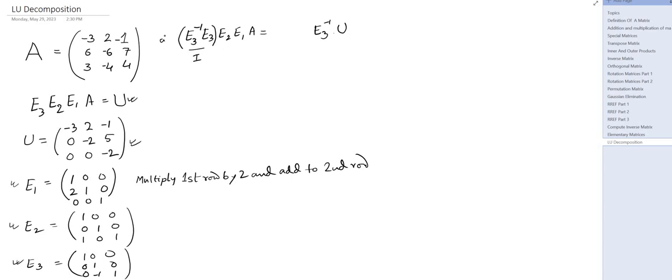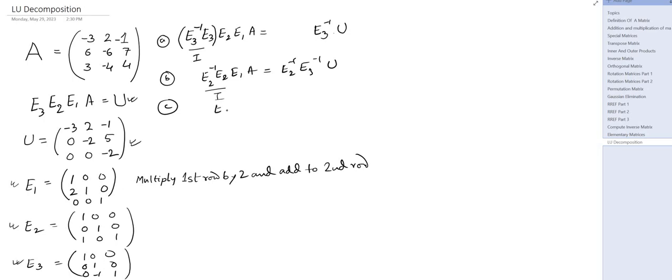In the next step, we have E2 E1 A equal to E3 inverse U, and now we can multiply by E2 inverse, which forms an identity matrix, and on this side also we multiply by E2 inverse.